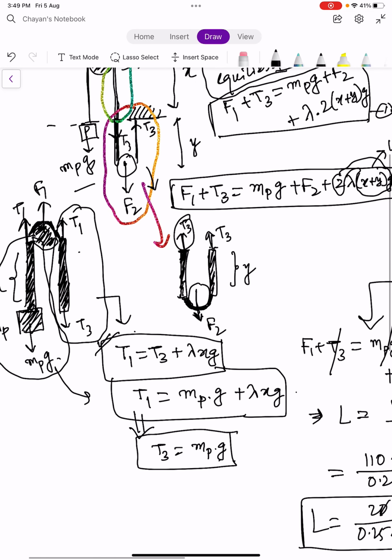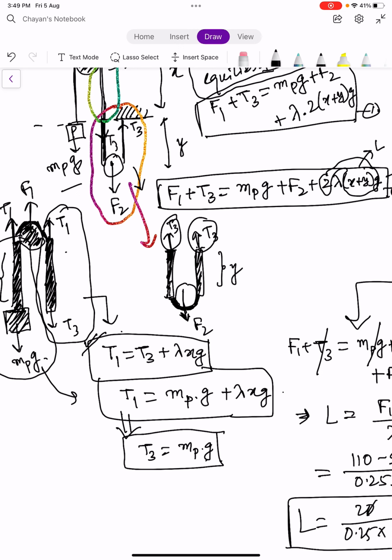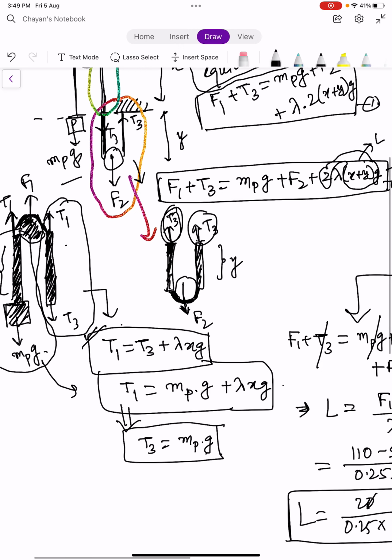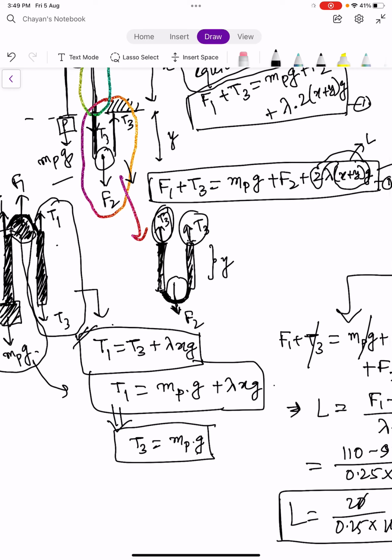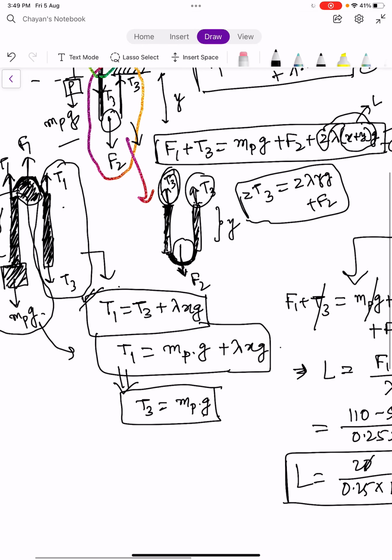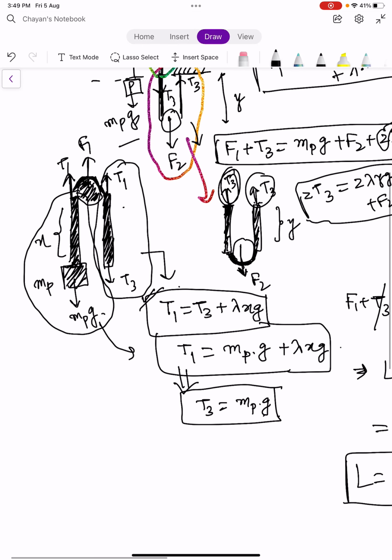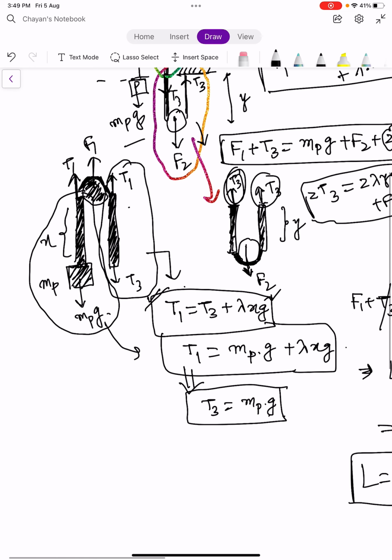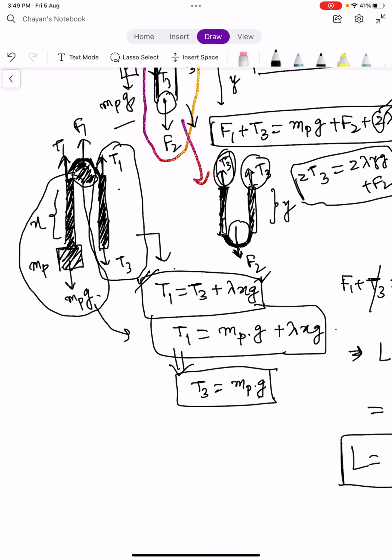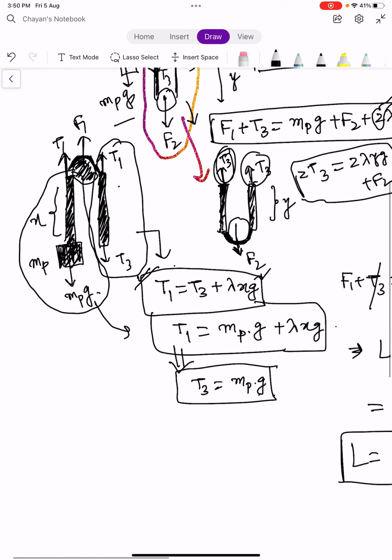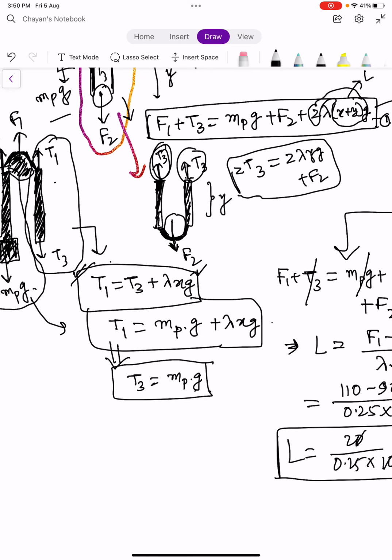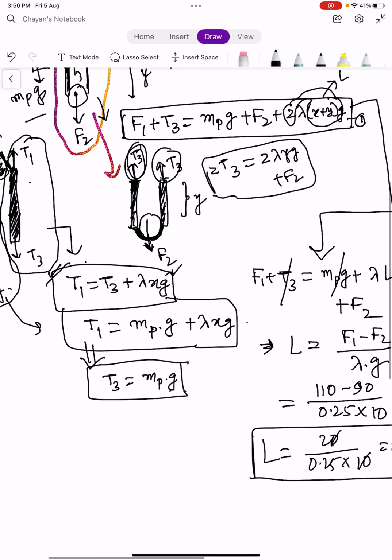From the left-hand side, T1 equals the mass of this block MP into G plus lambda times X into G, which basically gave us T3 as MP into G.